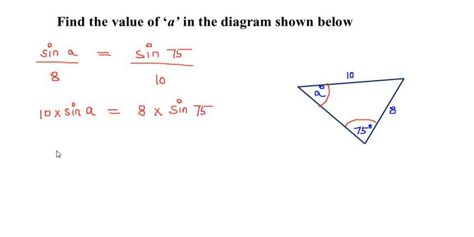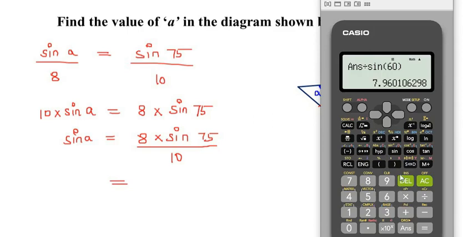Since we have to find angle A, we keep sine A on one side: sine A equals 8 times sine 75 over 10.